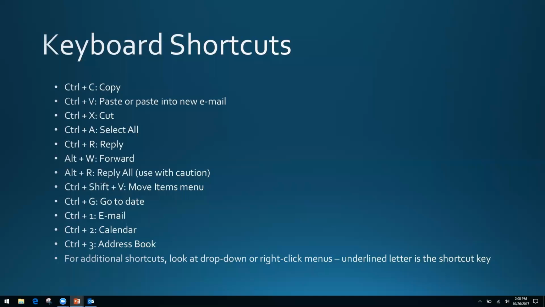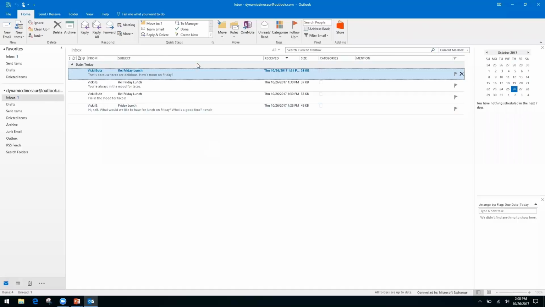So, last one on this list is for additional shortcuts. If you right-click anywhere in Outlook or in any of the Microsoft programs, you will see that there are underlined letters on the menu. So if you forget what it is that you are looking to do, or if you forget what the hotkey is, right-click where you want to go and look at the menu options.